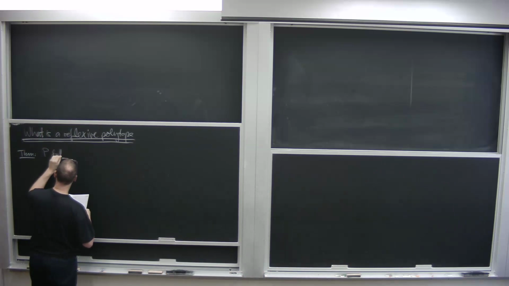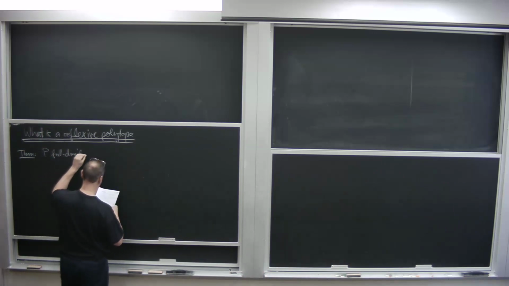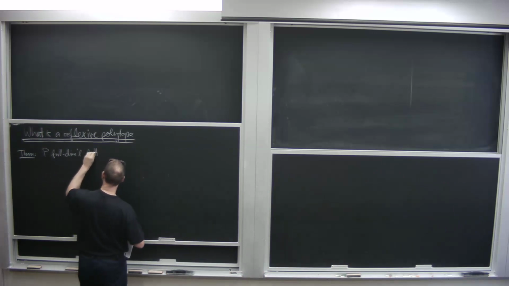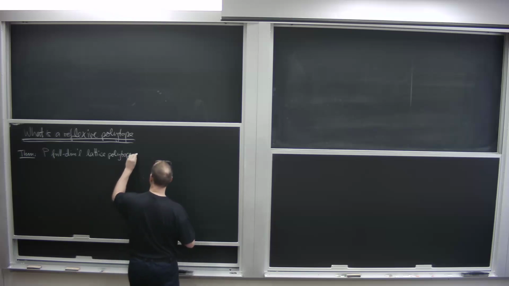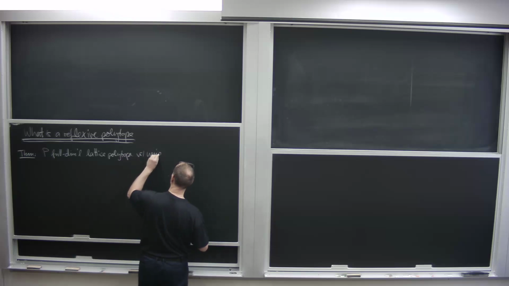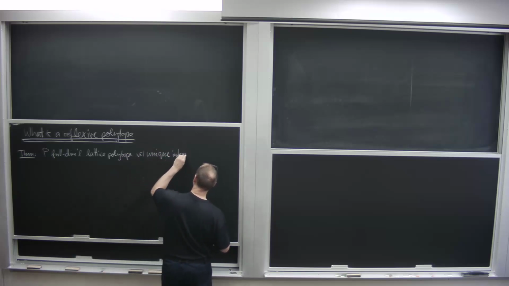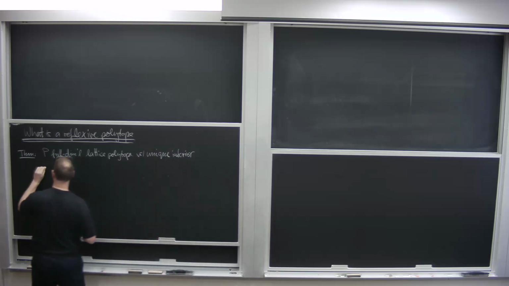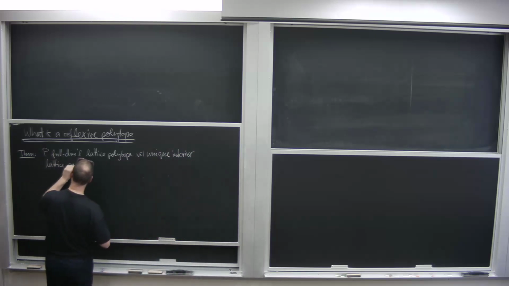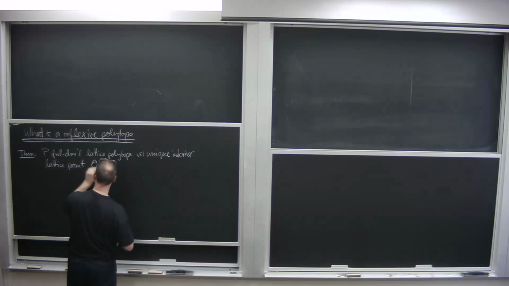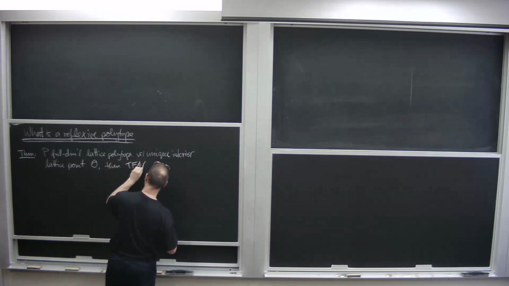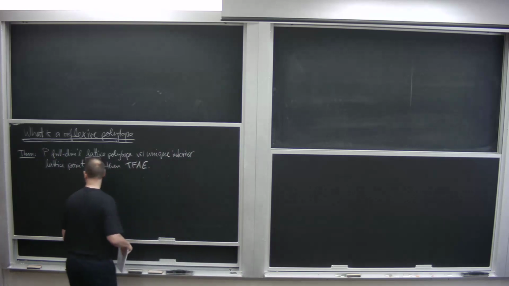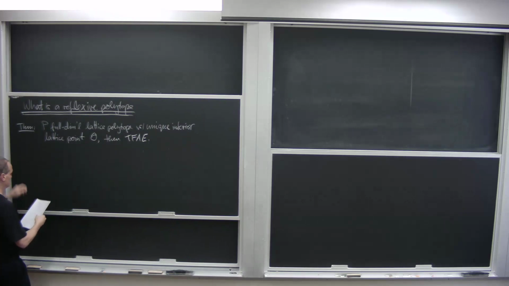If P is a full dimensional lattice polytope with a unique interior lattice point, which I take to be the origin, then the following are equivalent, and in that case, I will call the polytope reflexive.